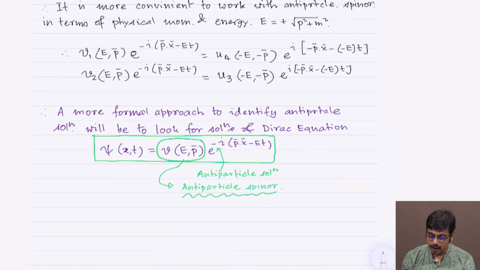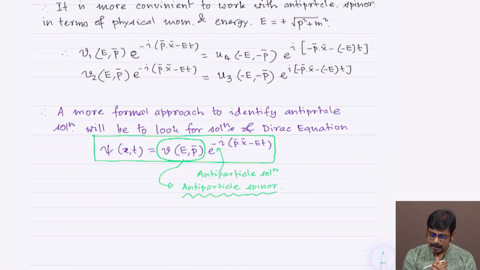The way that we obtained 4 particle solutions with 2 positive energy and 2 negative energy solutions, we can obtain 4 antiparticle solutions using this template, also with 2 positive energy and 2 negative energy. And usually the standard way of doing it is that I choose 2 positive-energy particle-like solutions and 2 positive-energy antiparticle solutions, and that will give me a full set of expressions. So, this is basically the standard.